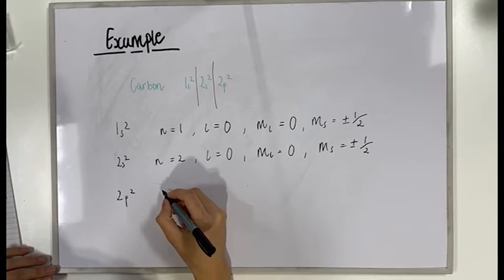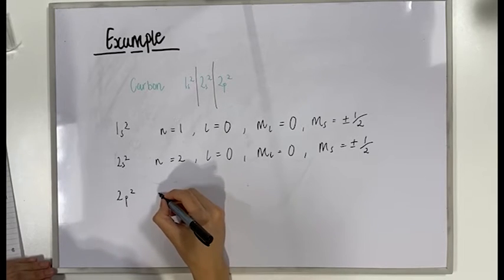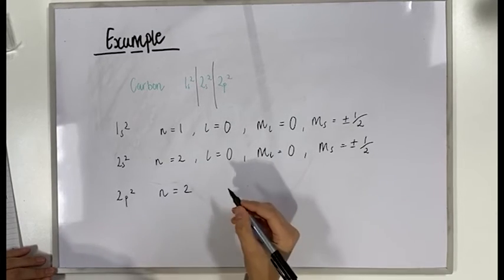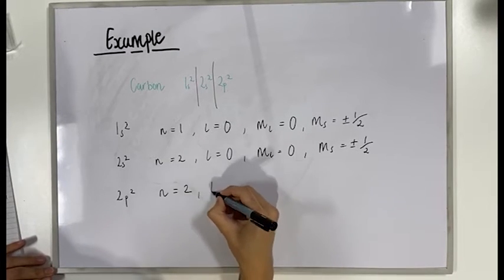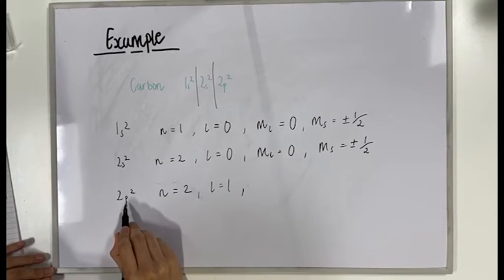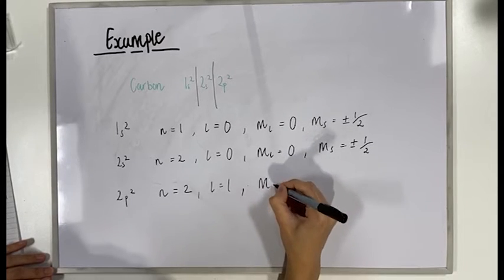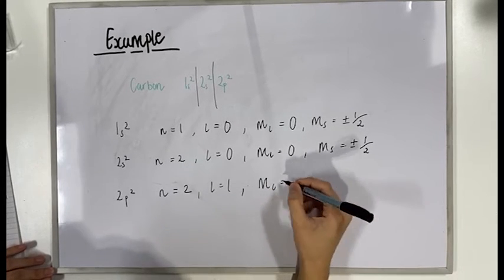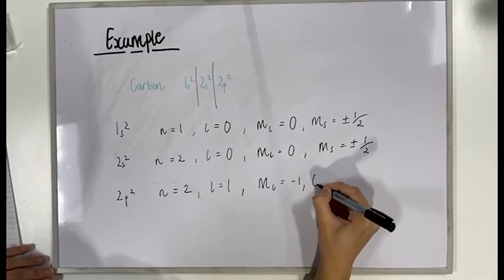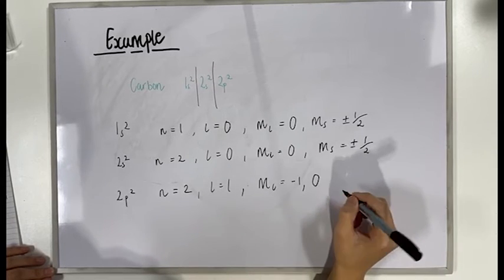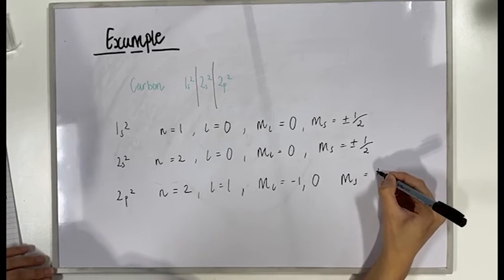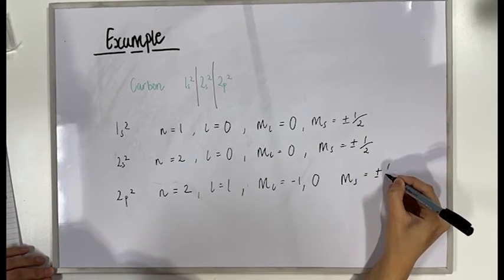So here, for 2p2, we can write n is equal to 2 because it's in the second principal energy level. L here is 1 because it corresponds to the p orbital. ML is equal to minus 1 or 0. And MS is equal to plus or minus a half.